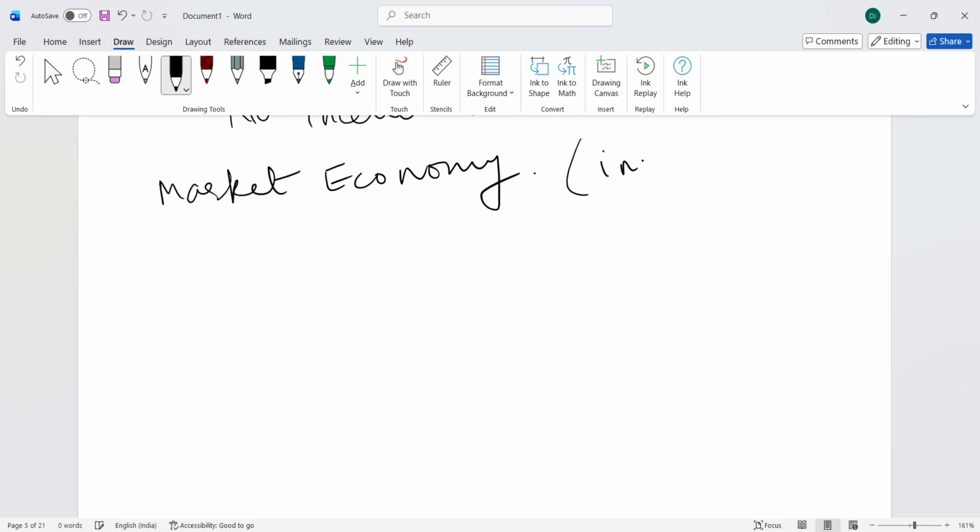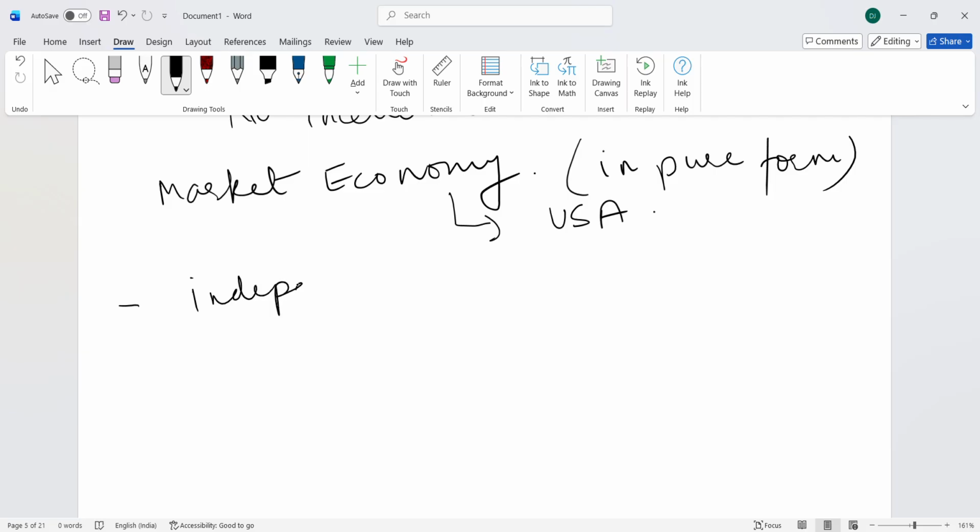Again, it's in the pure form that I will talk of. And the closest example I could think of is your USA. All right. Here, the factories are independent of the government, right? So here, the factories or the producers or the owners, the firms, are independent of the government.